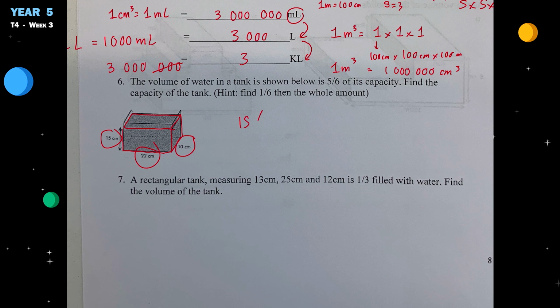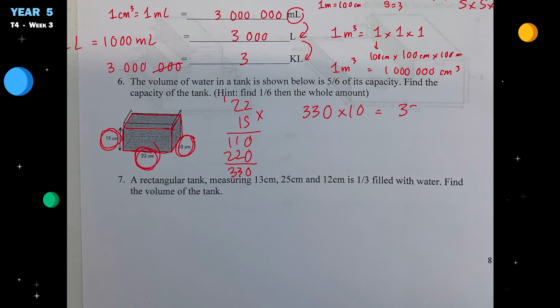So we do 15 times 22, which is 330. Then we multiply by 10, so we multiply all the numbers, 15 times 22 times 10, and that's equal to 3,300 centimeters cubed. There, we worked out the volume of the water, which is also equal to 3,300 milliliters. Okay, they're the same units.